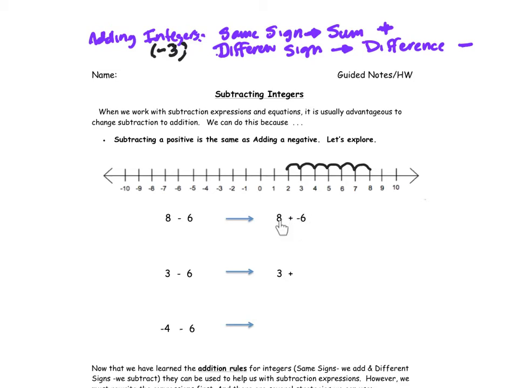I would take 8 because it has the highest absolute value, and I'd take away 6, which has the lowest absolute value, because these are different sign numbers. And it would be modeled like this on the number line. I would start at 0, move to 8, and then when I have a negative number, it moves me down the number line. So 8 minus 6 and 8 plus negative 6 mean the same thing in math.